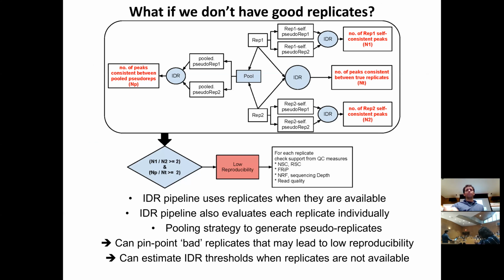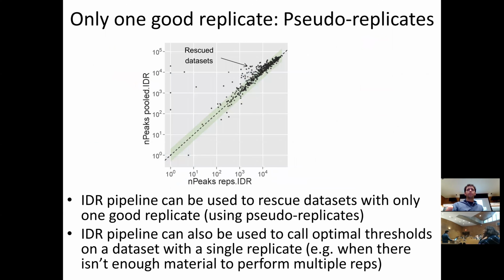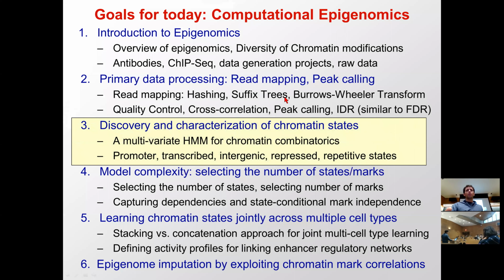And then you can actually do some funky tricks to use pseudo replicates rather than just replicates. You can basically resample from the same experiment. All right, so that's all at the level of primary data processing.